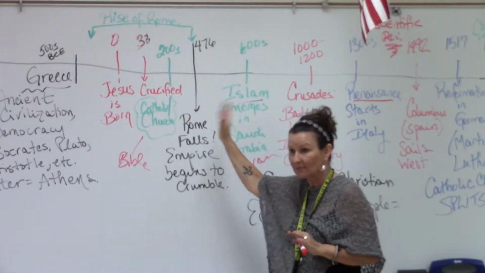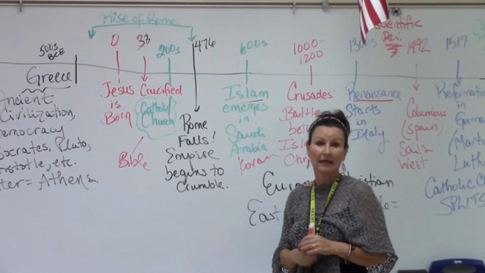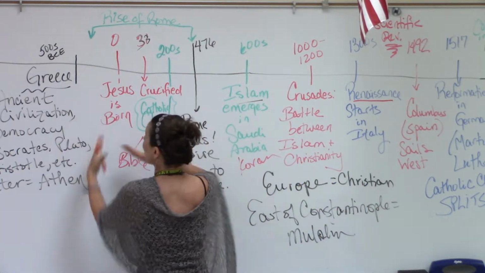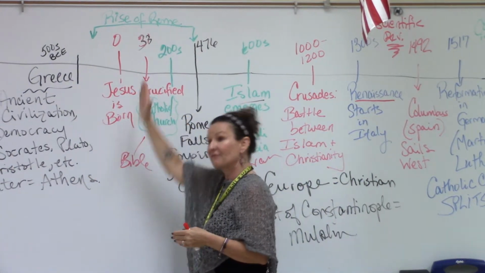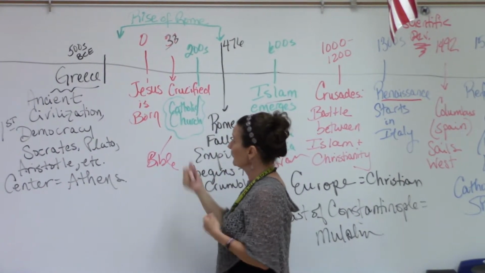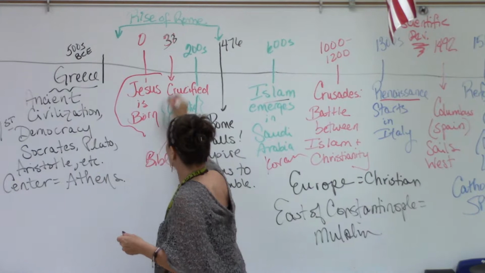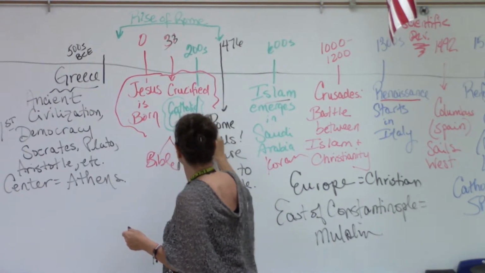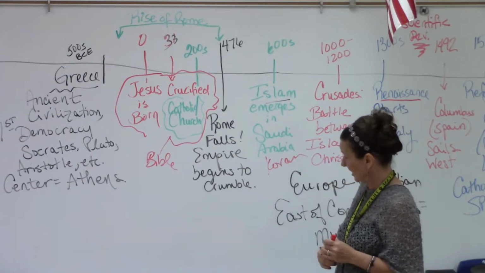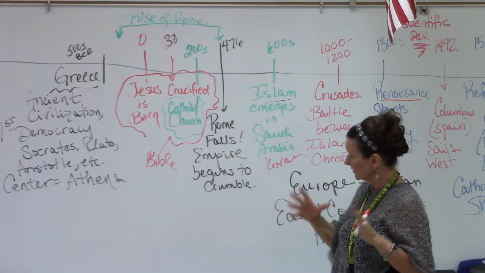It had been crumbling prior to that, but it falls officially in 476. Within this period of time of the rise of Greece, and then the fall of Greece, and the rise of Rome, and then the fall of Rome, we have something really important happen. We have the birth of this man named Jesus. And we know how much that changed the world forever.